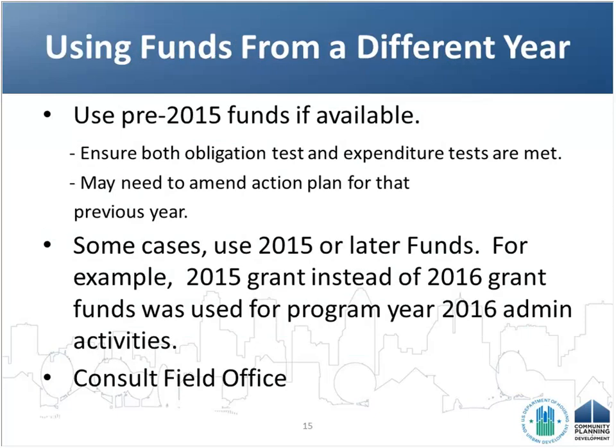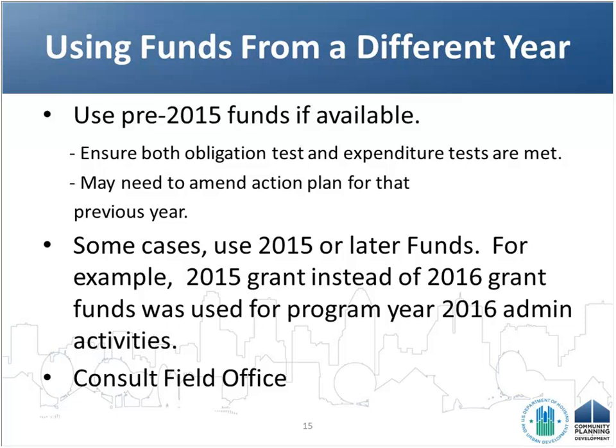The grantee can also use funds from a different grant year. If you have pre-2015 funds available, you can use the 2014 or 2013 grant. However, sometimes, like I mentioned earlier, you can use later funds as well if indeed you used, say, the 2015 grant instead of the 2016 grant for program year 2016 admin activities.